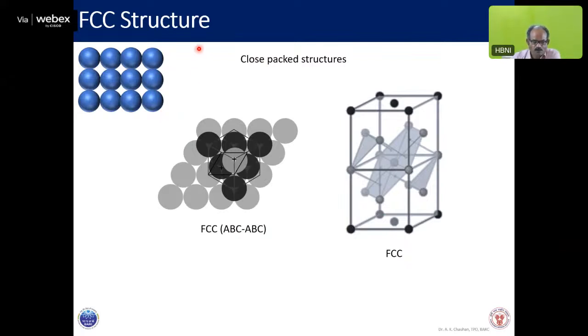Now, if you want to add another layer of spheres over this, you can put one atom here, one here, one here, one here. That is the minimum energy situation. Suppose you are getting another atom, where should it fit?